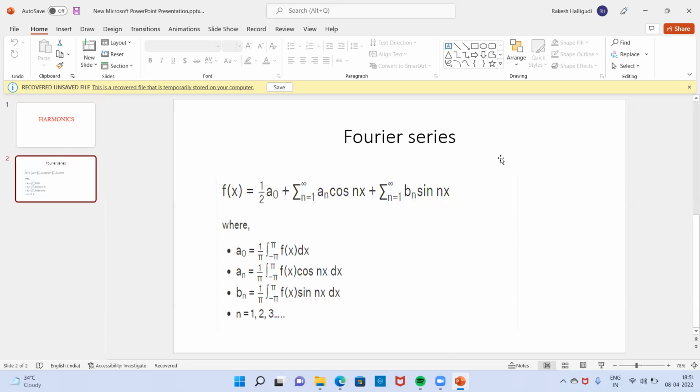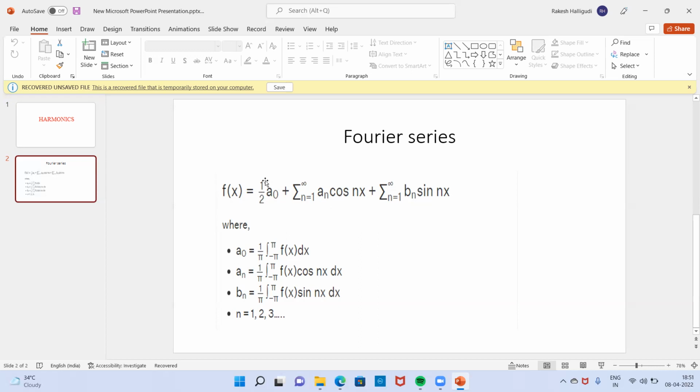What this equation states is any periodic function can be represented by a combination of cosine terms and sine terms along with some DC value. This a naught term is called the DC component of any periodic waveform.